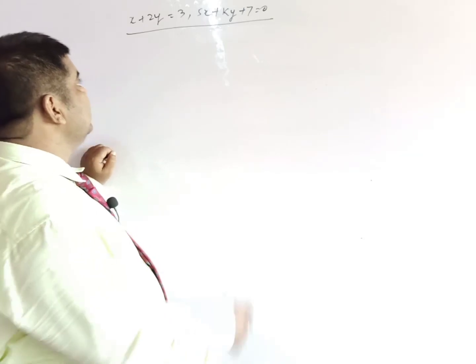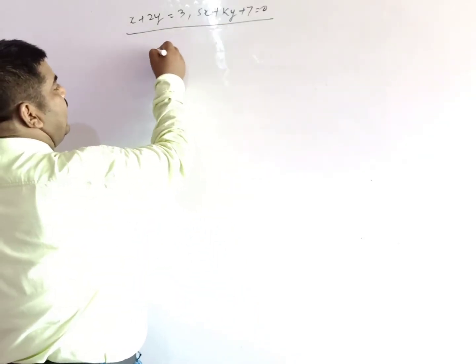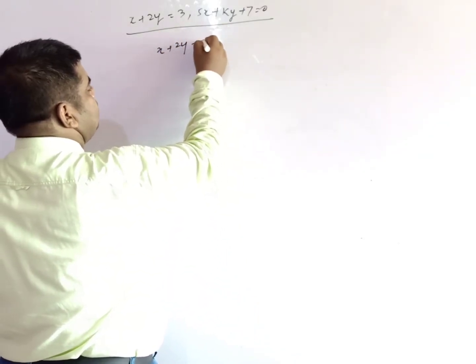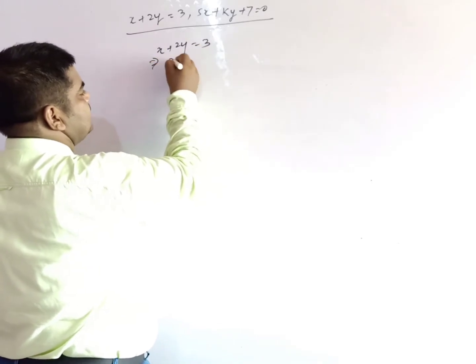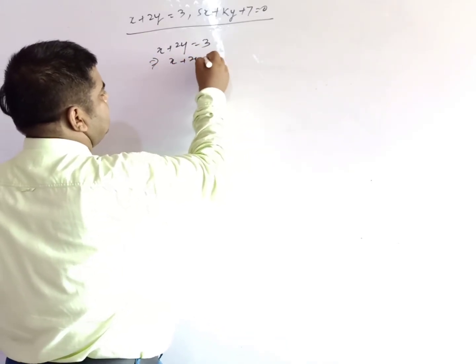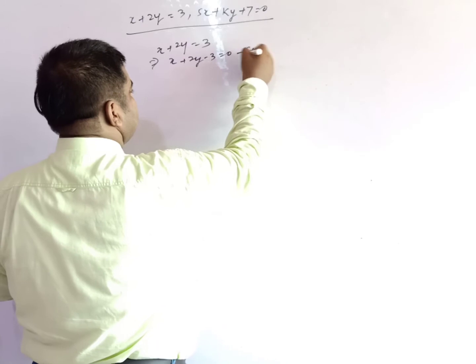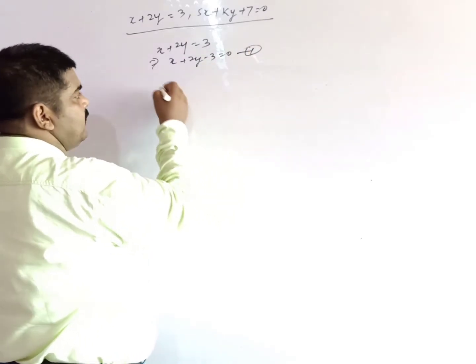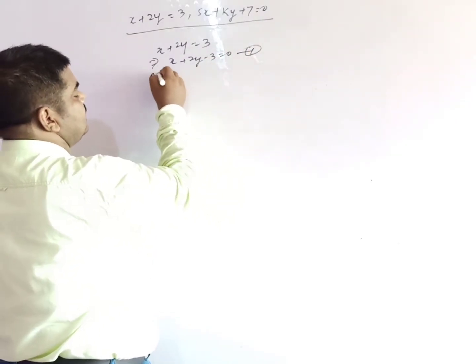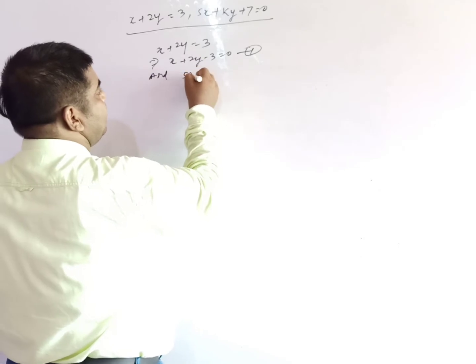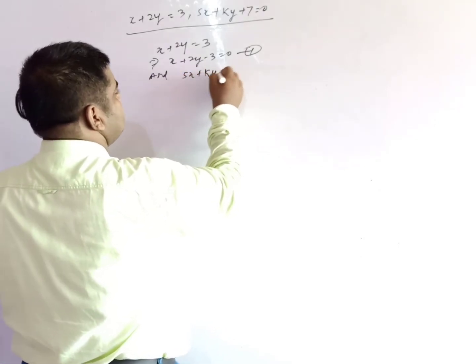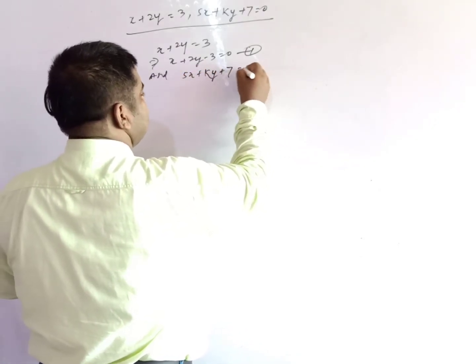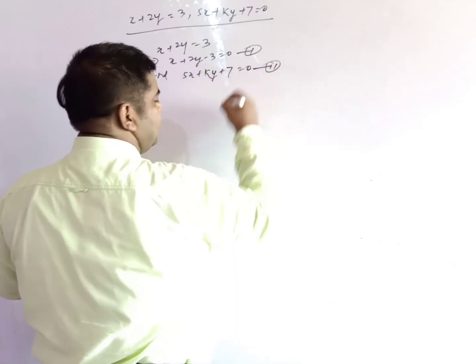My dear student, in this question, x plus 2y is equal to 3 can be rearranged as x plus 2y minus 3 is equal to 0. This is the first equation. And again, 5x plus ky plus 7 is equal to 0, and this is the second one.